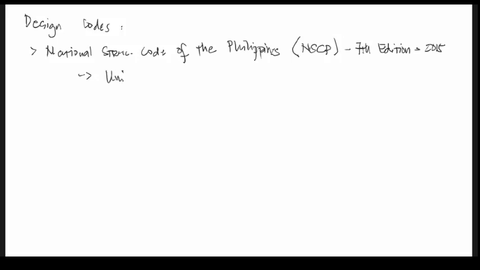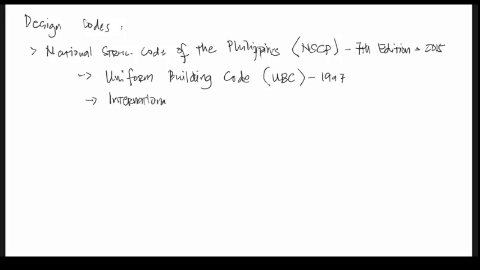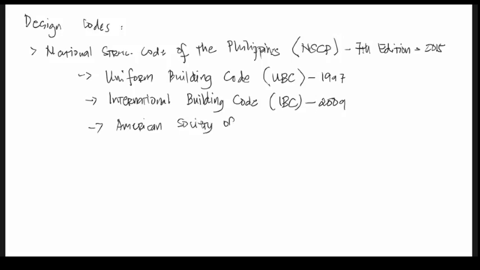Like for example, we have the Uniform Building Code or the UBC. That is the latest is 1997. Then binase ang NSCP. And then also we have International Building Code or the IBC. The latest is 2009. Also, we have the American Society of Civil Engineers, the code of ASCE.